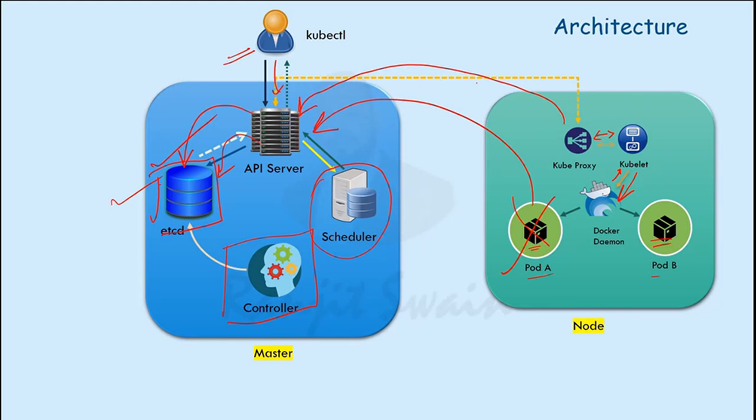The controller will immediately inform the scheduler that there is a failure in this particular node, and pod A has failed. Then the scheduler will again send the information back to the API server. Then the API server will trigger the kubelet here. Then the kubelet will take care of this, and the Docker daemon will take care of this. This is how the entire architecture, or entire Kubernetes flow, works.